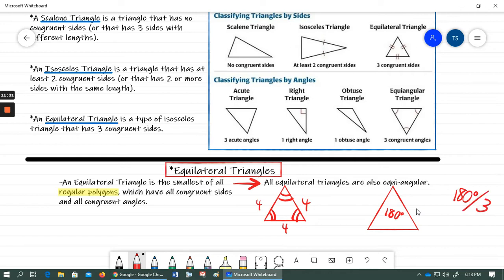So for any equiangular triangle, each of those angles is going to have to be how many degrees? Split 180 three ways evenly. There's your answer, right? So for any equiangular triangle, each angle is clearly going to have to be 60 degrees. 60 degrees, 60 degrees.